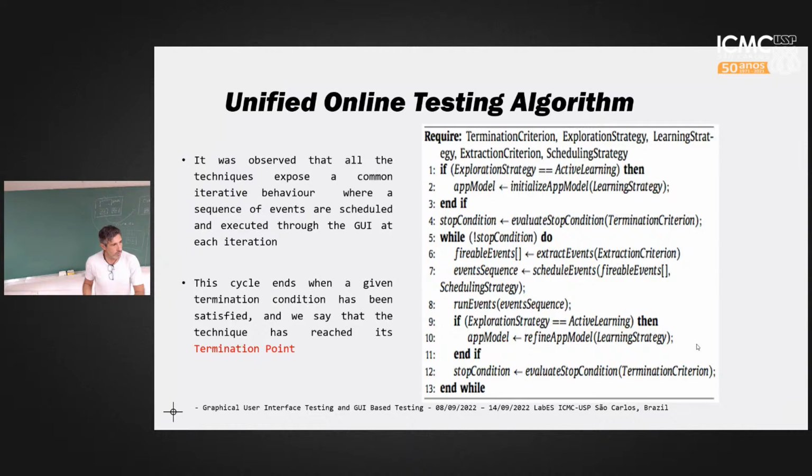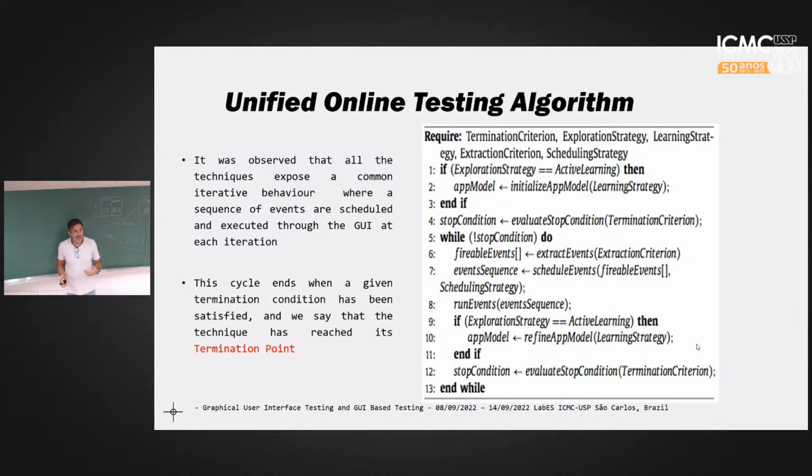If we map this to the exploration of a GUI, each time we find a GUI, we have to decide if this GUI is new or not, and whether it is new or not, we have to decide which events to plan and to execute, right?